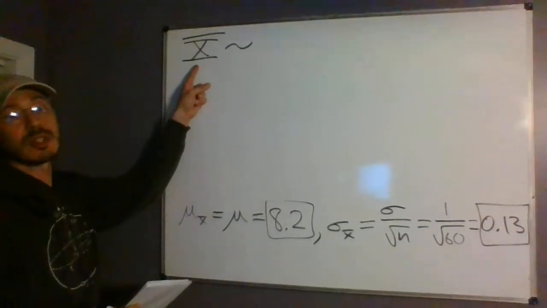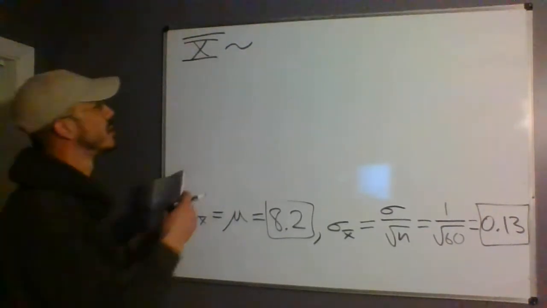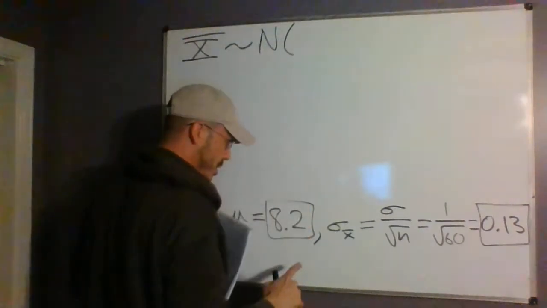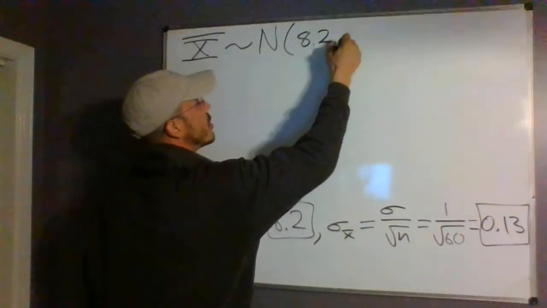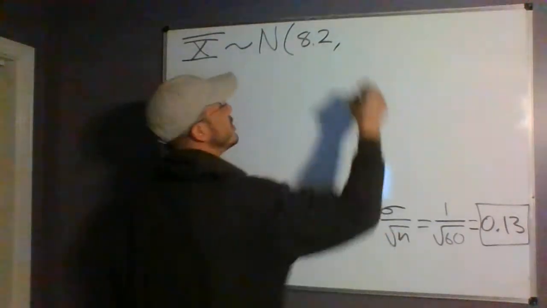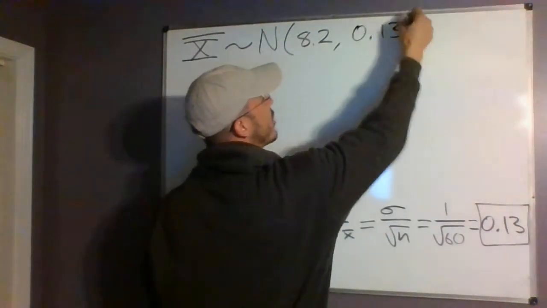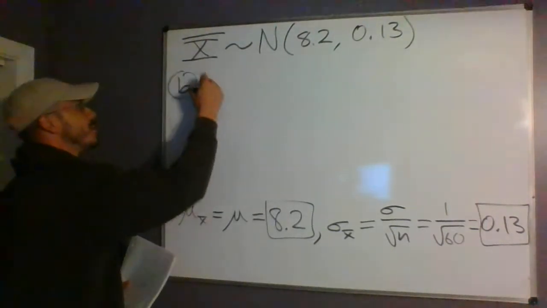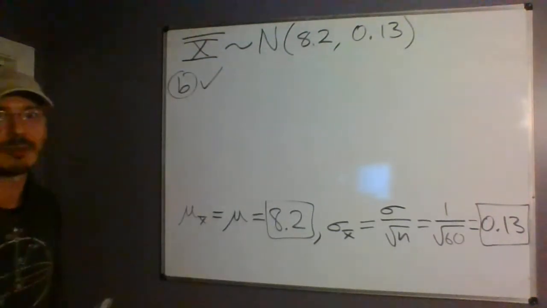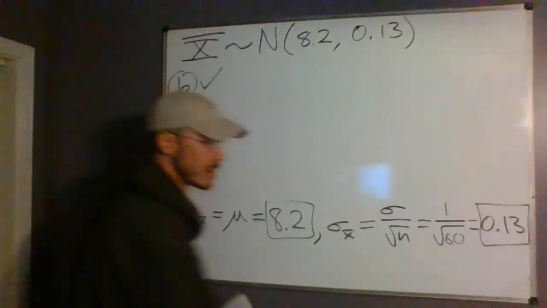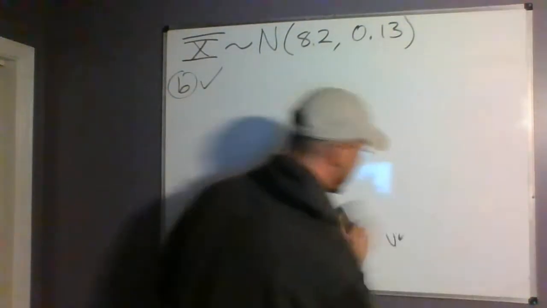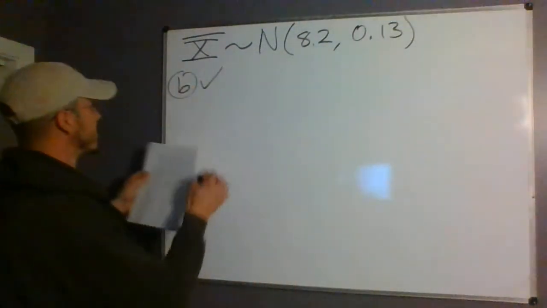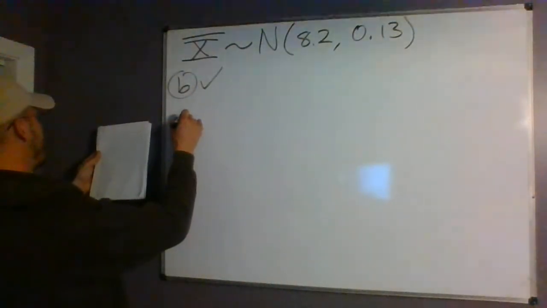The distribution of the sample means is normal with a mean of 8.2 and a standard deviation of 0.13. And those are the things that we're going to use to answer the rest of the questions. Well, in part B, that's just kind of a vocabulary question, I think. Trying to get you to connect that new standard deviation to the meaning of the old regular standard deviation.